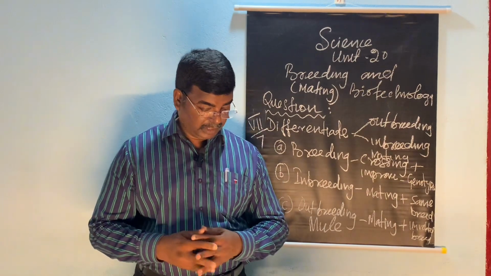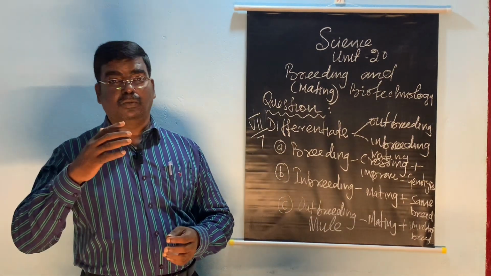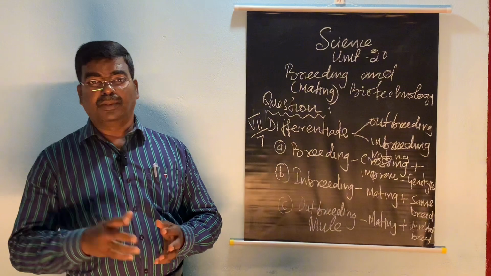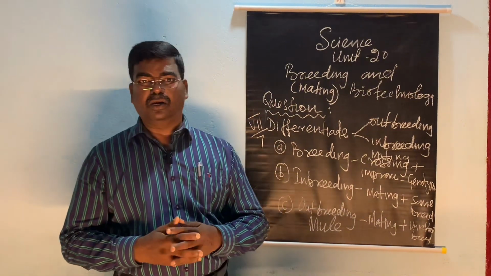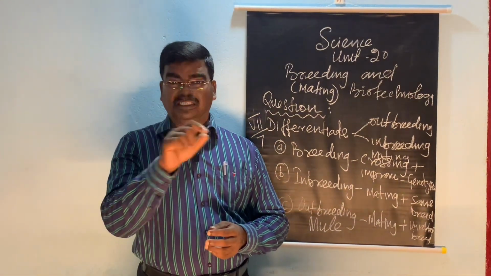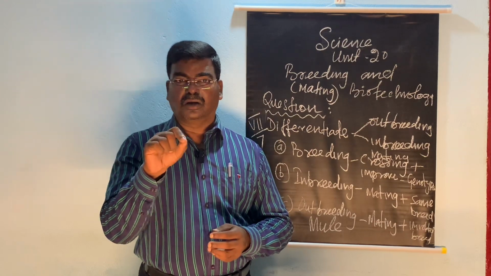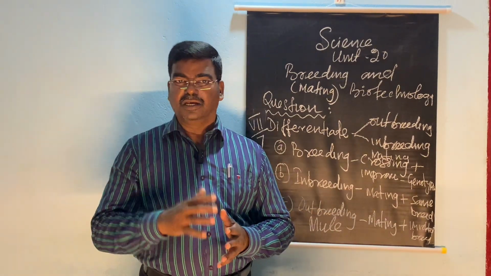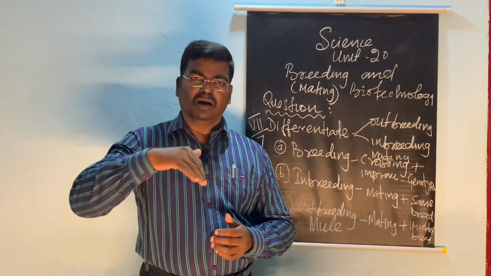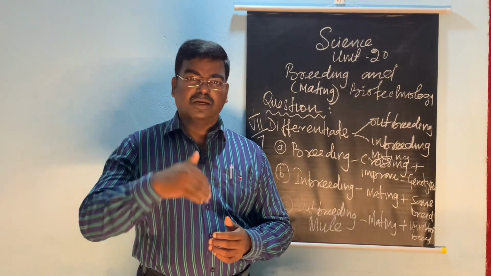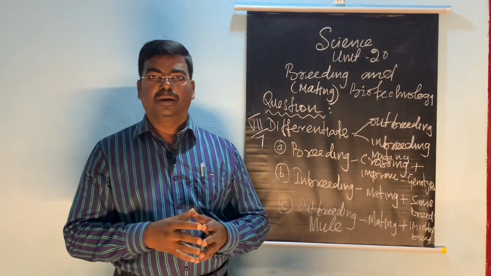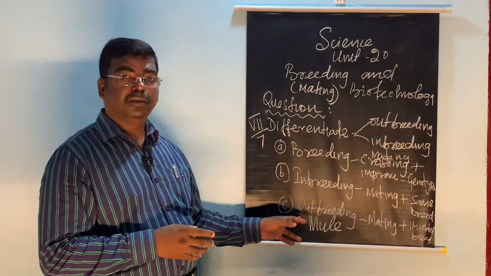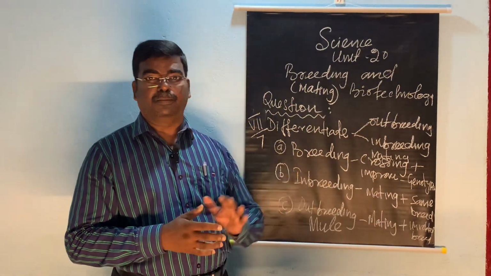Resistance to disease, and it is also more intelligent than the horse and donkey. These are the desirable characters. These are called superior varieties. These are the different characters or superior qualities the mule is having. For that only we are maintaining this outbreeding.